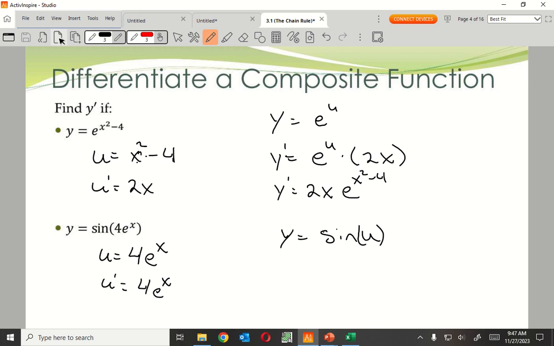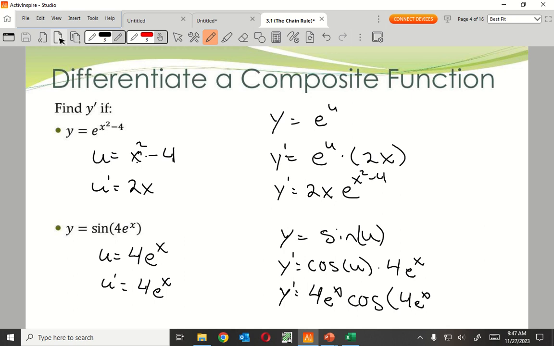It's a positive cosine. So y prime is cosine of u times 4 e to the x, and then u sub back. I'm going to bring my 4 e to the x out front also, so 4 e to the x, then cosine of 4 e to the x.